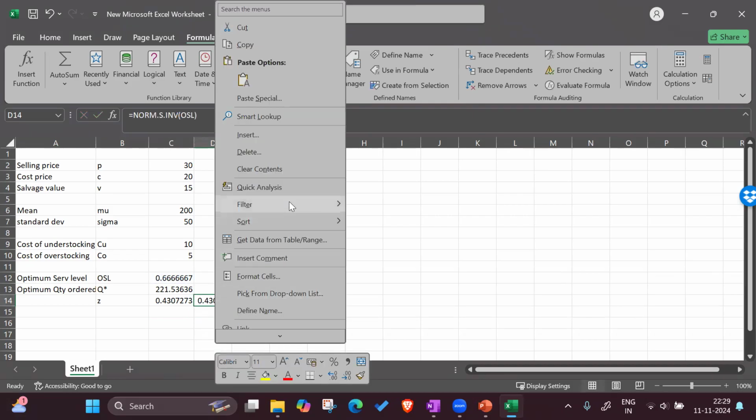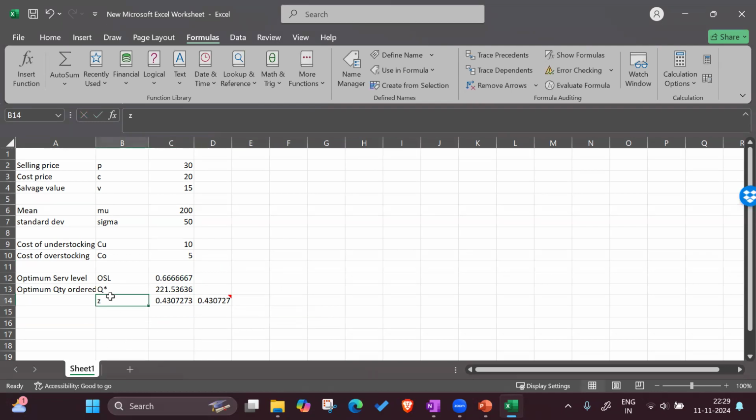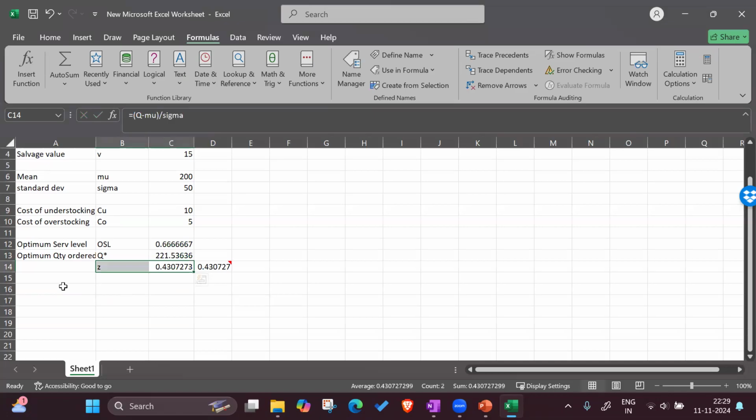So this is the same thing, just another way to calculate. Now I have the Z value, save this, and I have everything required to calculate the rest of the things.